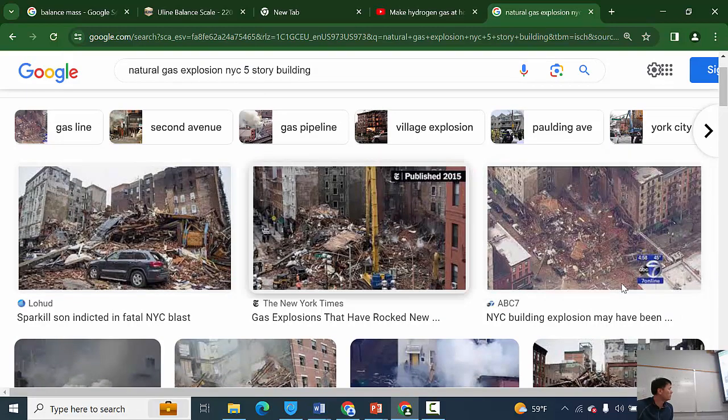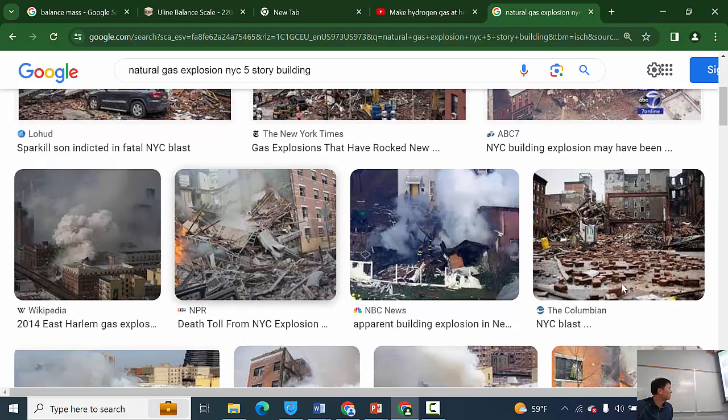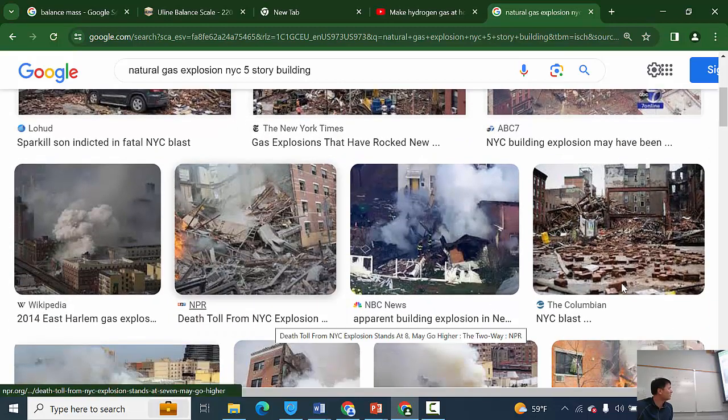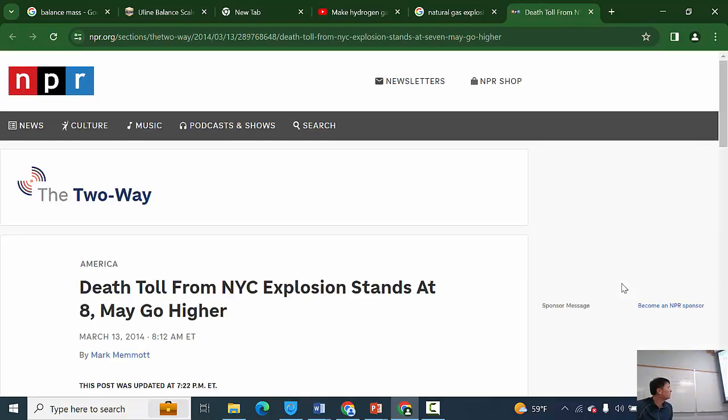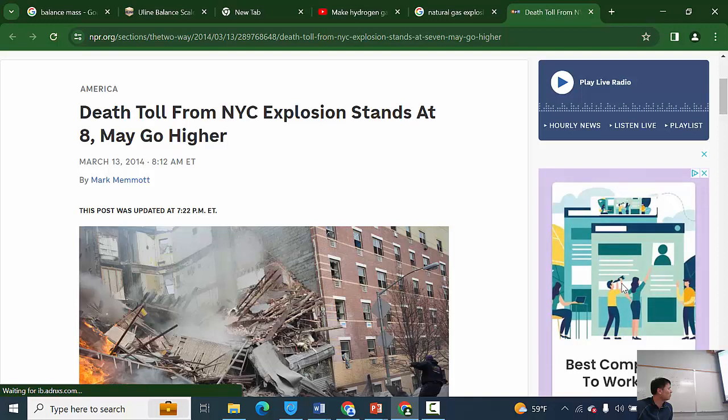This is in 2015. Huge explosion. The death toll was only 8 people. You would think a lot more people would have died, but I think it was in the middle of the day. Most people were at work, unfortunately.